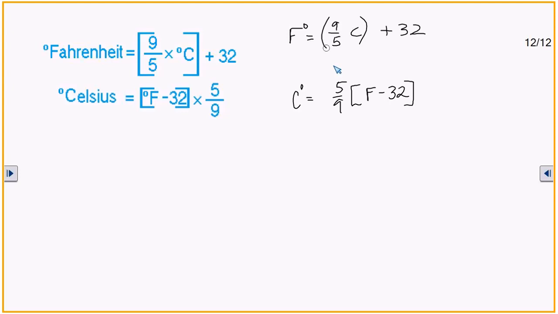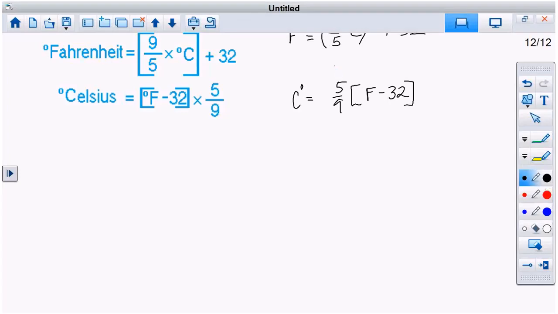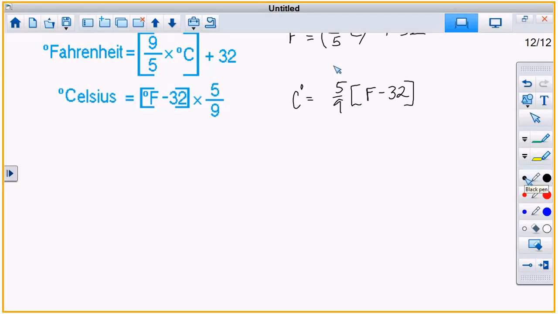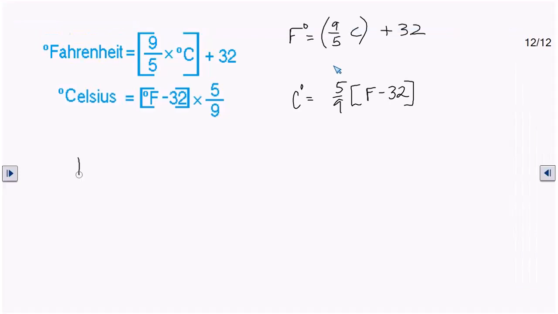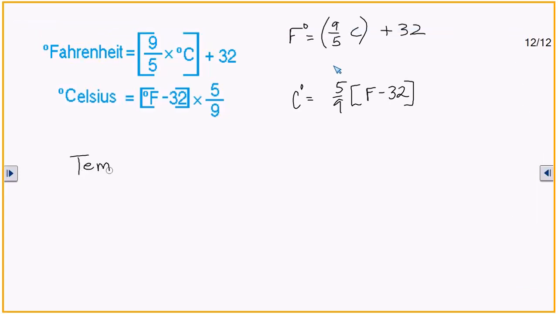That's basically it. And I'm just going to give you two problems because it's plug and chug. There's not much math here except you need to plug and chug. So you measure somebody's temperature, and their temperature on the thermometer reads 98.6 degrees Fahrenheit.